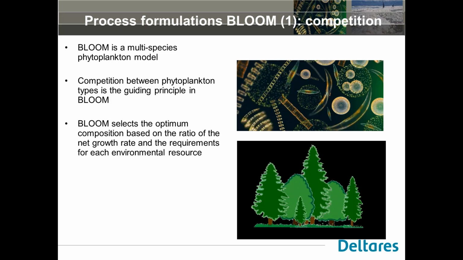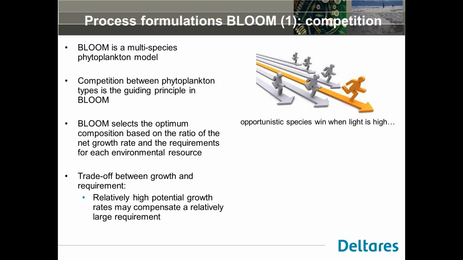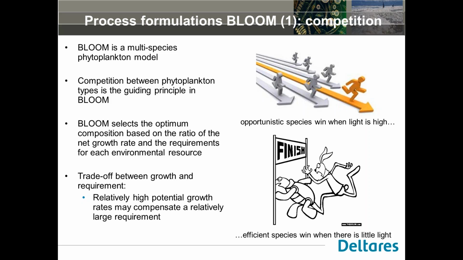First, the net growth rate, and second, the requirement for each environmental resource. And there is a trade-off principle between growth and requirement. Relatively high potential growth rates may compensate a relatively large requirement. So, opportunistic species win when light is high, but efficient species win when there is little light.